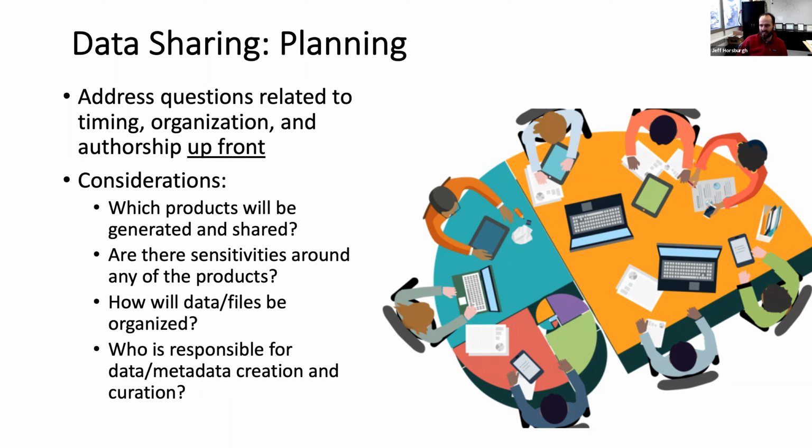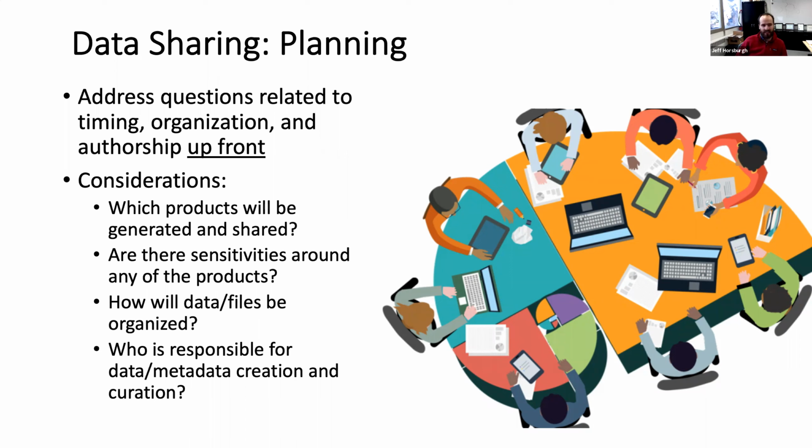We can get into some really sticky situations, and people can have feelings and professional reputations hurt if we don't address the questions related to timing, organization, and authorship up front. So I encourage you to have these conversations really early in the process about which products are going to be generated and shared.